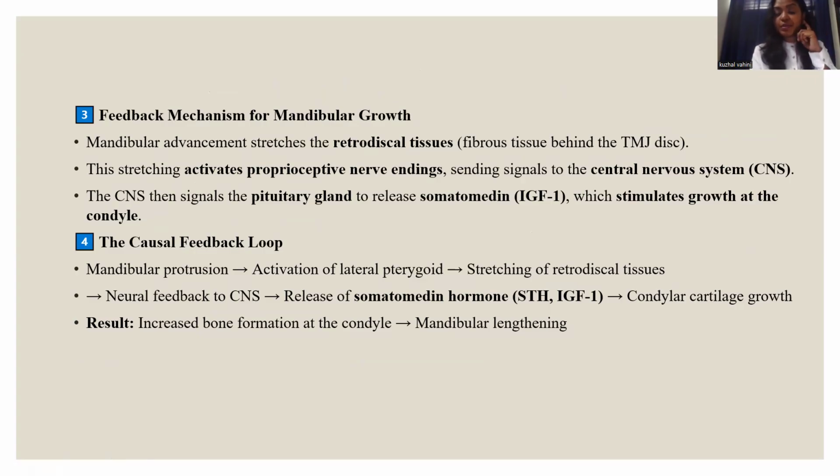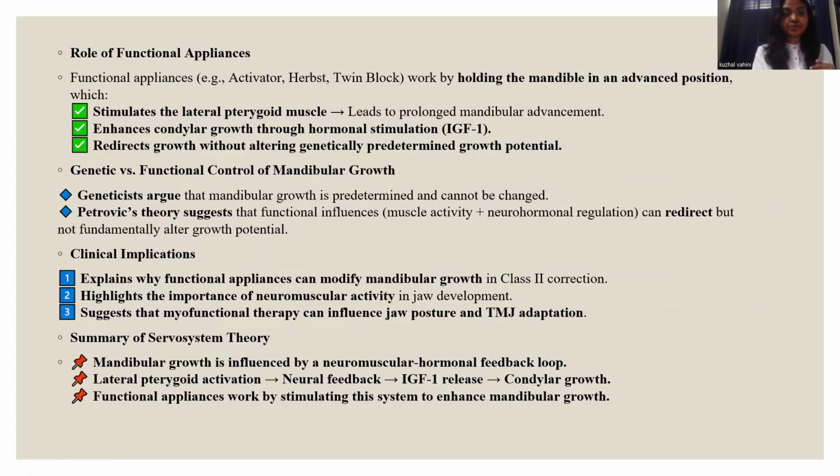They send a signal to the central nervous system, which activates the pituitary gland to secrete somatomedin or growth hormone, which stimulates the growth of the condyle. So this is a feedback loop mechanism where the positioning of the mandible influences the hormonal regulation.